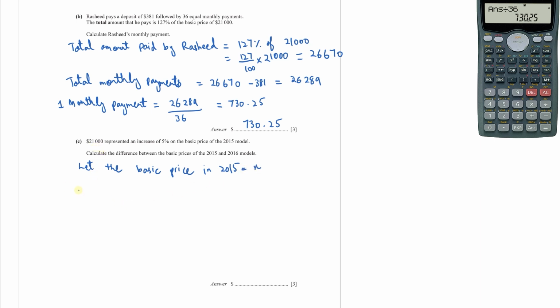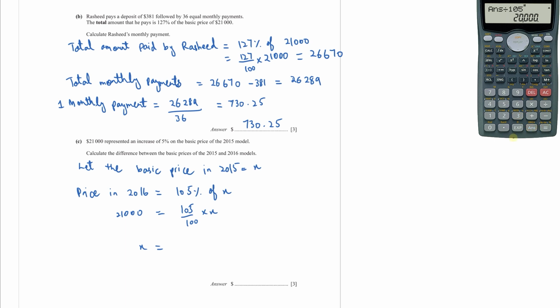So the price in 2016 is 5% more, a 5% increase. So the price in 2016 equals 105% of the price in 2015, which is X. And we know that the price in 2016 is 21,000, so 21,000 equals 105 over 100 multiplied by X. And from this, we can calculate the value of X. X will be 21,000 multiplied by 100 and then divided by 105.